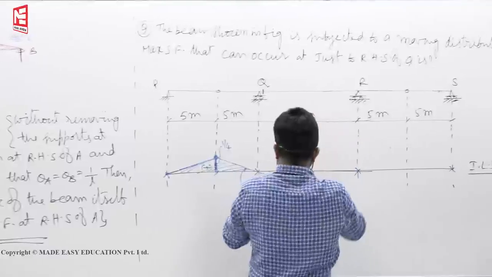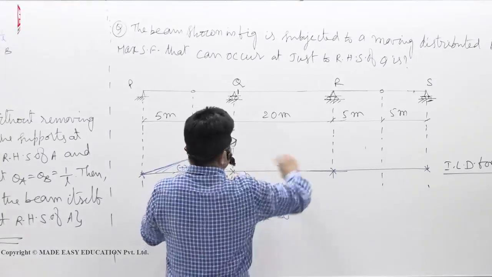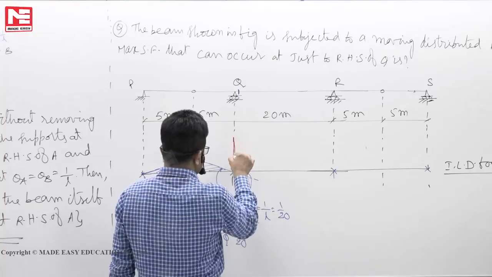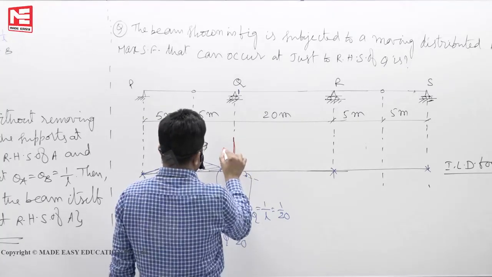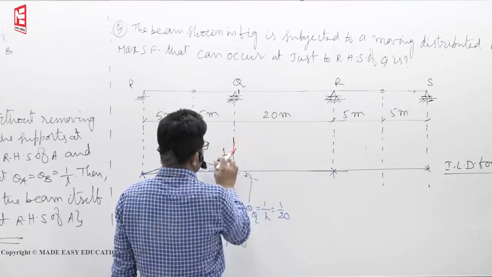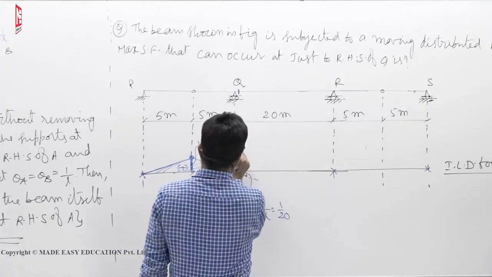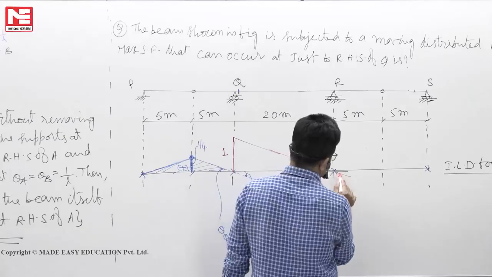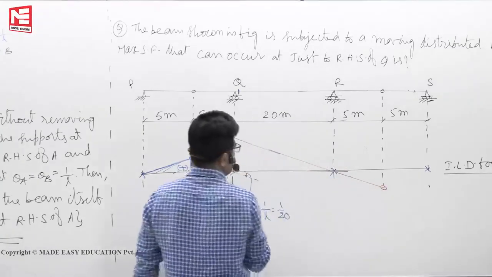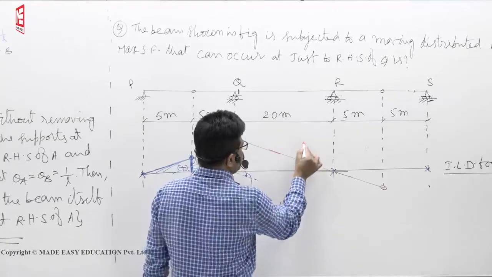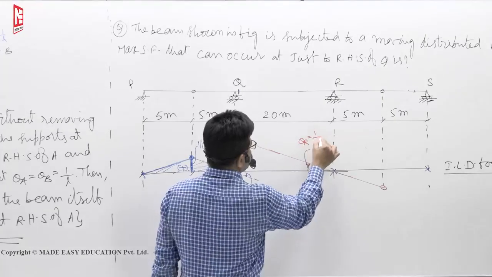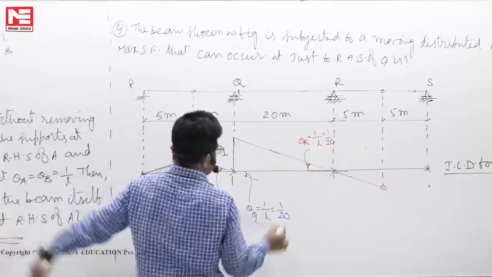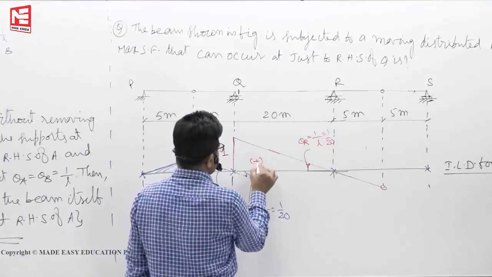Then theta R, 1 by 20. So when you lift it, it will go up like this. 1 by 20 into L means 1 here, then it simply goes down like this. Then this is theta R is equal to 1 by L is equal to 1 by 20, same as this one, and this 1 by 20 plus here.